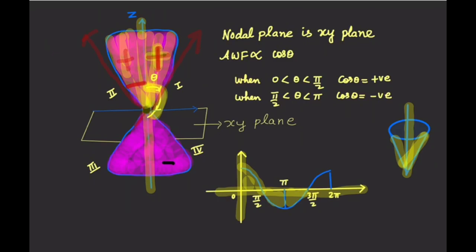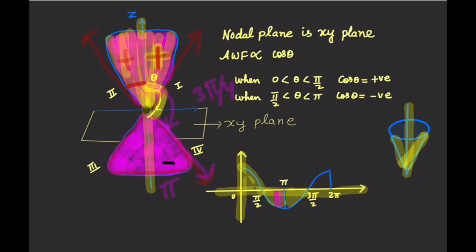And when we are discussing the lower lobe, we can see here that in the lower lobe the angle lies between 3 pi by 4 and pi. If you count this angle from the z axis, this angle will be 3 pi by 4 to pi. So between 3 pi by 4 to pi, you can see that this is the angle we are discussing, somewhere here.